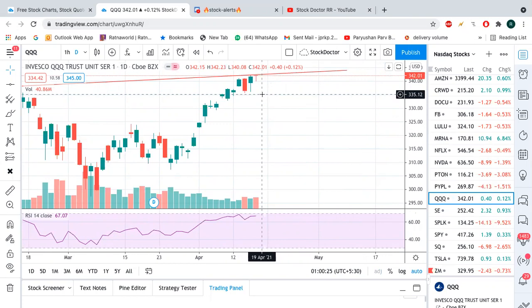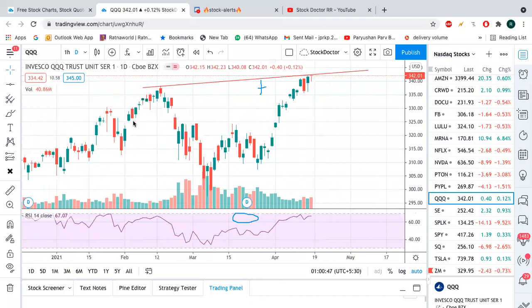There was a big war between bull and bear, and if you see here, the RSI is also exhausted. So high probability is that the stock can create doji patterns in coming days, or maybe red candles, and the stock can give a small correction.